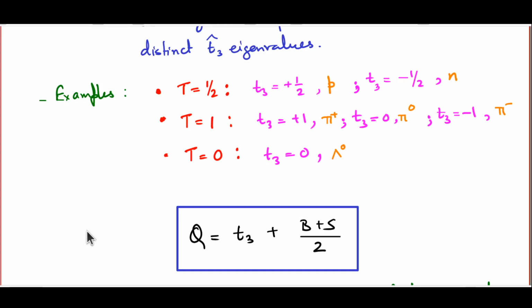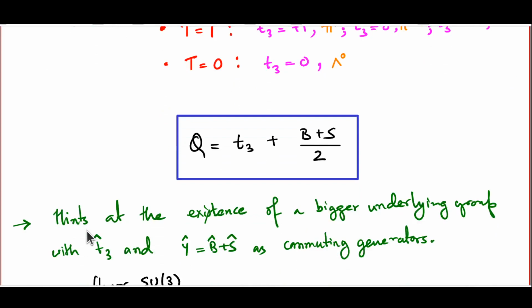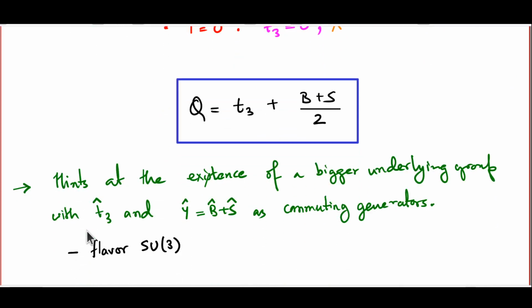Now, this formula, although it was originally figured out empirically, actually hints at the existence of a bigger underlying group of transformations, which are symmetries of the system, or at least approximate symmetries of the system, where the operator T3 and the operator Y hat, which is the sum of the operators generating the transformation responsible for baryon number and strangeness conservation, these two are commuting generators of that particular larger group.